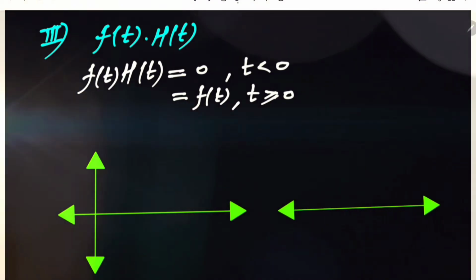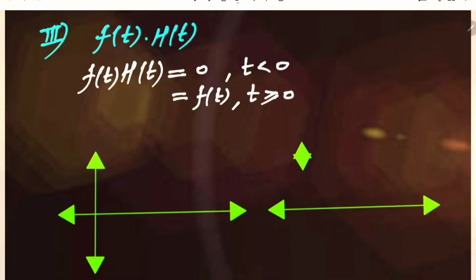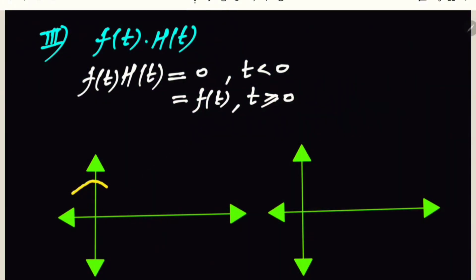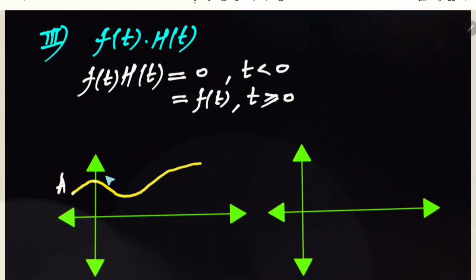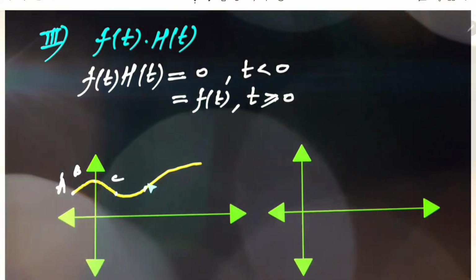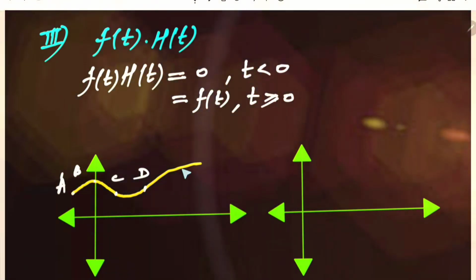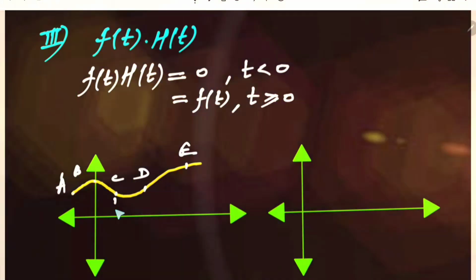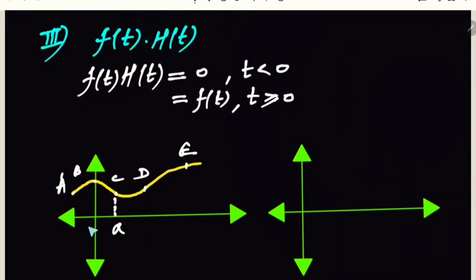There are two figures, first one for f of t, second one for unit step function. Therefore, f of t is a continuous function like this. Points are a, then b, c, d and e. These are the values on that graph.